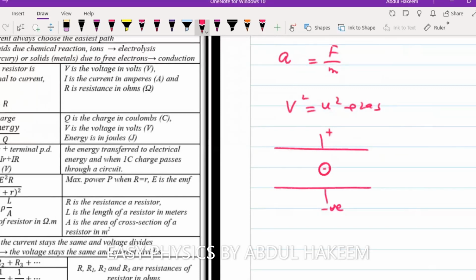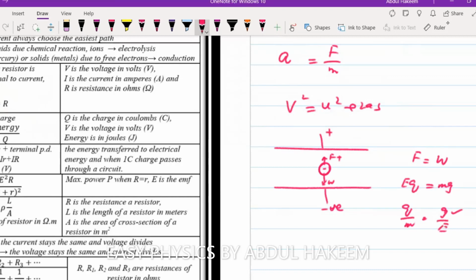So in this situation, weight is acting down and electric force up. This is positive, this is negative, force minus weight, the resultant 0. So F is equal to W, F is equal to EQ, W is equal to mg. So we can calculate charge to mass ratio, which is G over E.